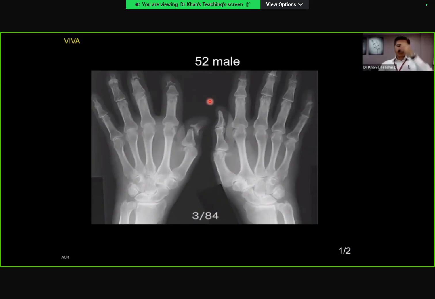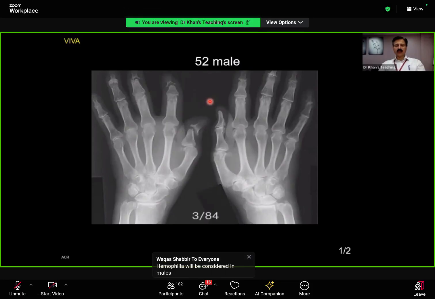Just give me a bookish differential diagnosis for distal interphalangeal joint involvement in the hand. Bookish means not in this case, but for your exam, which 3 conditions should come to your mind if distal interphalangeal joint is involved? Do you remember? Psoriatic arthropathy.